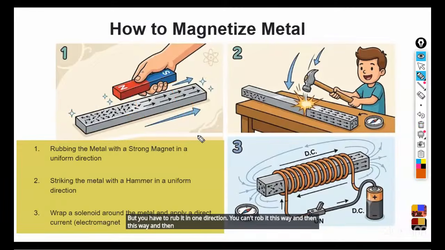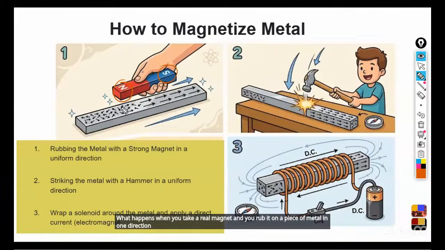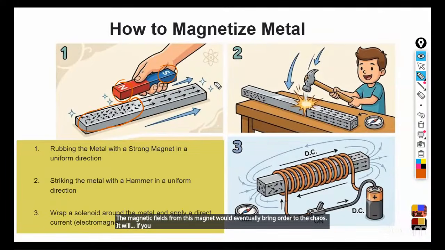What happens when you rub a real magnet on a piece of metal in one direction? The dipoles, which are initially mixed up, the magnetic fields from this magnet will eventually bring order to the chaos. If you rub it enough times, probably about 20 times, the dipoles do what?